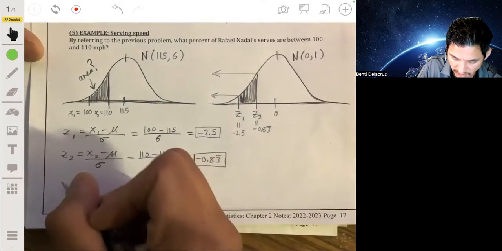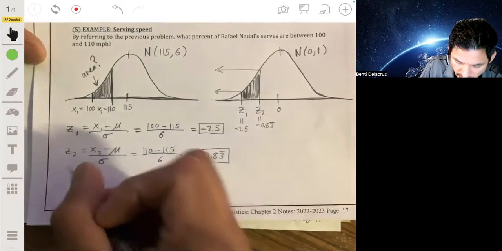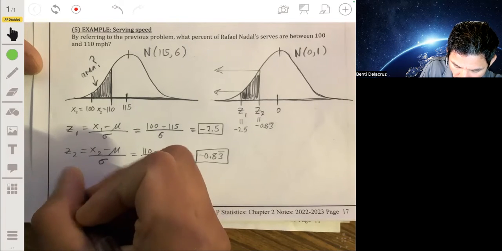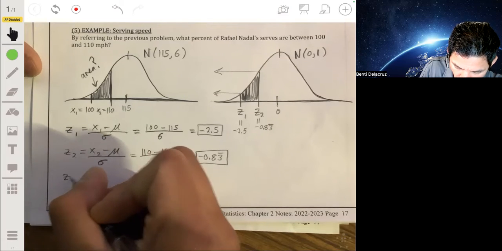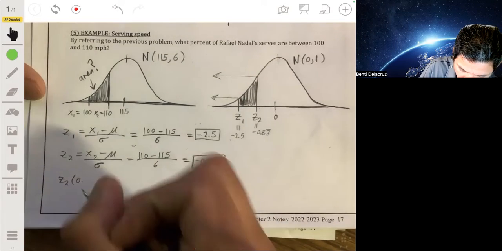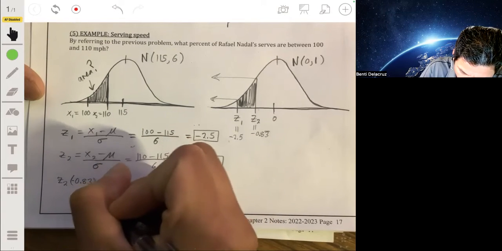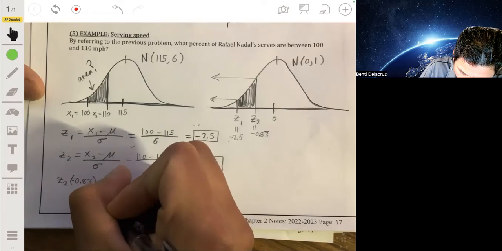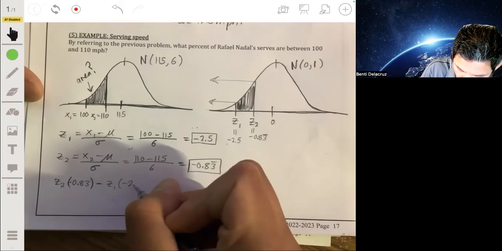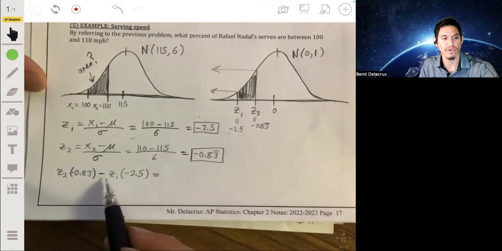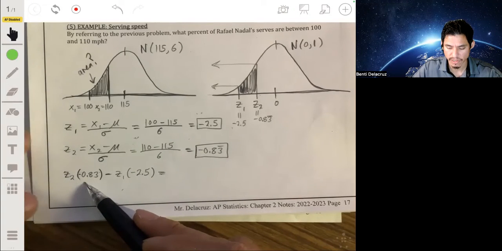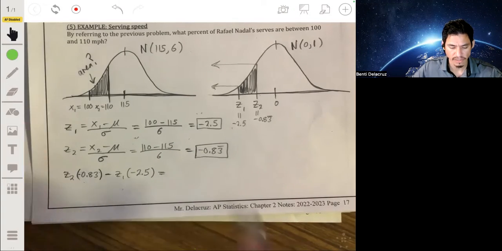I like to write it as Z2 of negative 0.833 minus Z1 of negative 2.5. This isn't a formal notation that's universal. I just like to use it to make sense. So this is saying area to the left of Z2 minus area to the left of Z1.